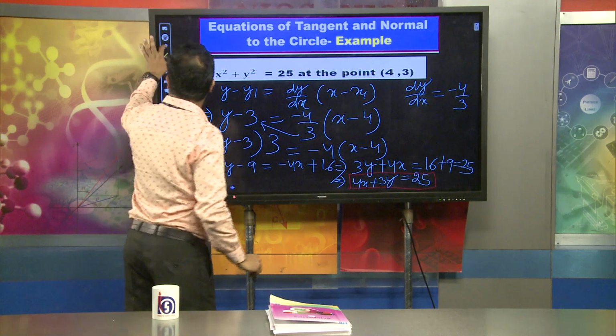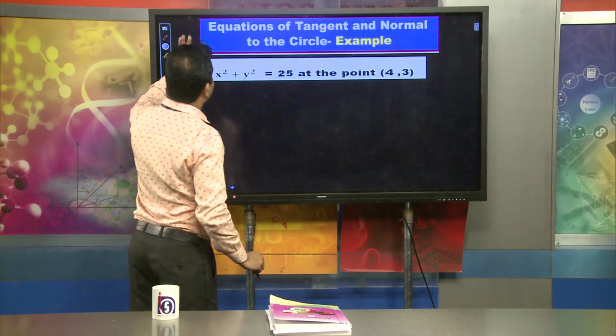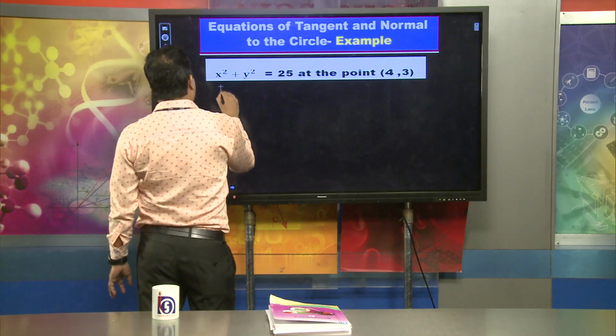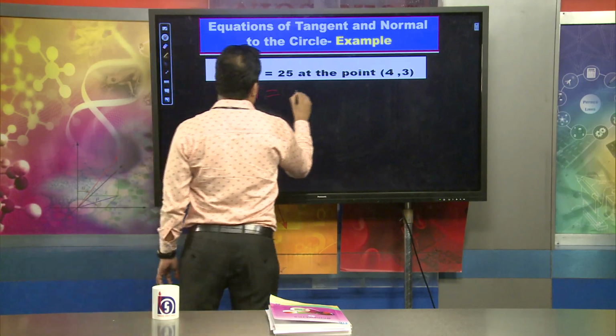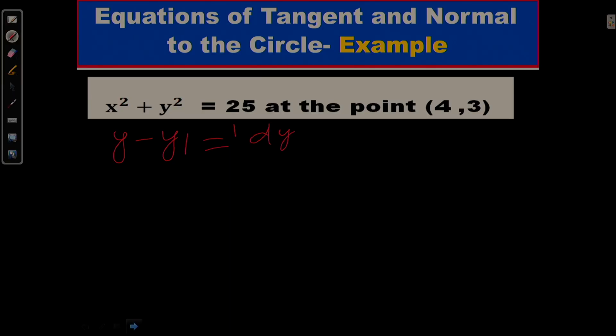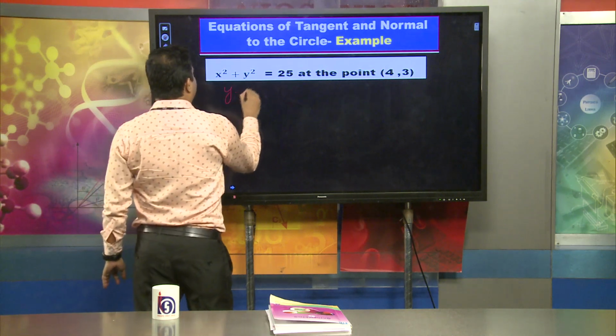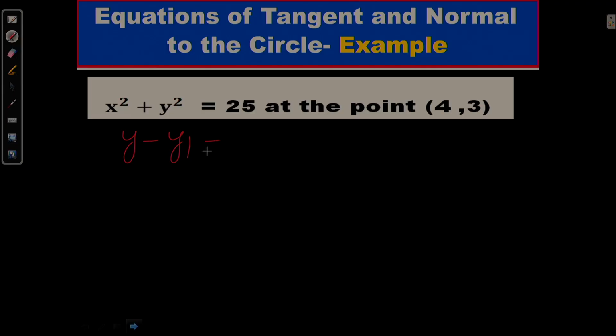Now we will move to the equation of the normal. The formula is y minus y1 equal to minus 1 divided by dy/dx into x minus x1. Again, I can write the equation of the normal to the curve as y minus y1 equals minus 1 into dx/dy into x minus x1.